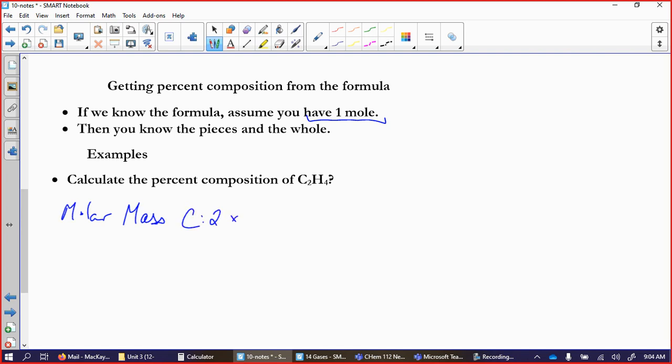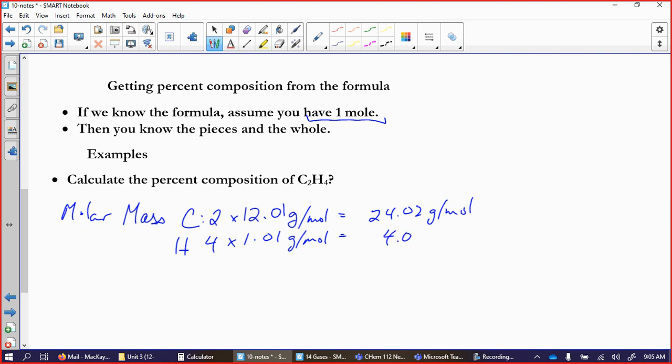Carbon is 2 times 12.01 grams, hydrogen is 4 times 1.01 grams. I do it this way for a specific reason. So this is 28.06 grams.